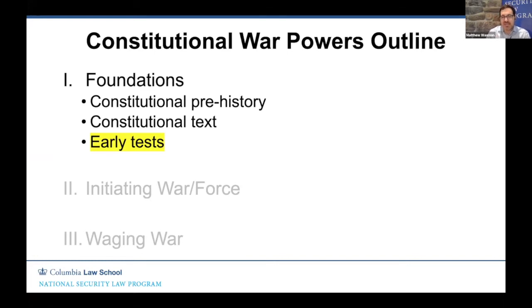I think in some cases, they left some gaps deliberately unfilled and wanted them to be filled through practice. So some of those ambiguities and gaps were very deliberate by design, but some of them were a bit more surprising. So let me talk about a couple of those early crises and at least some of the questions that were raised in those early tests.